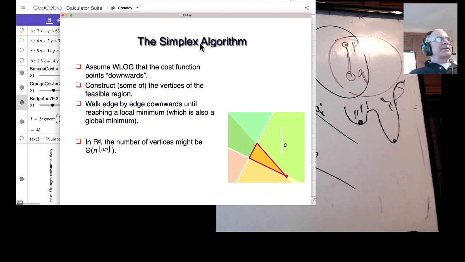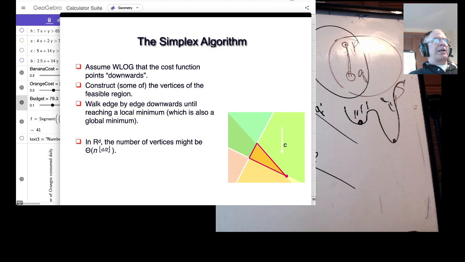So we have the simplex algorithm. In the simplex algorithm, the cost function, without loss of generality, points downward. I will start from some vertex. You can imagine it in 3D, and a textbook that I read about linear programming actually said that if you are successful in imagining how it looks in 4 or 5 or 6 dimensions, you need to go talk to somebody.